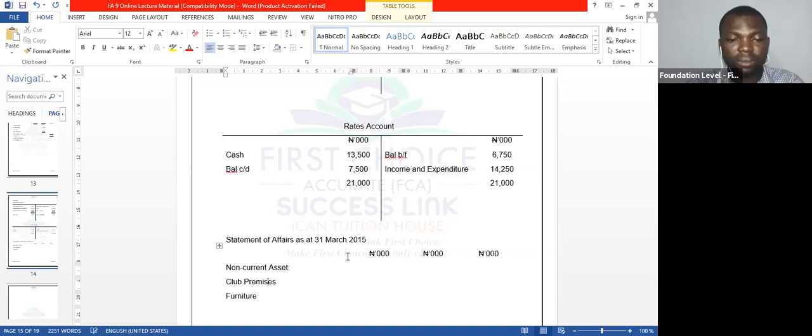Our cost for club premises is 750. The carrying amount they give us is 300. If you look at our table, the carrying amount as at 2015 is 300. Are you with me?